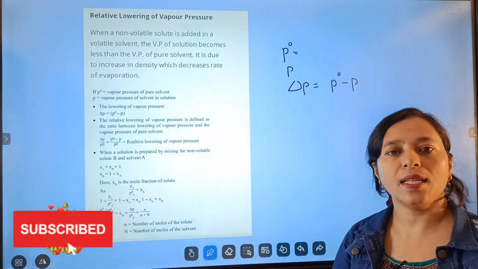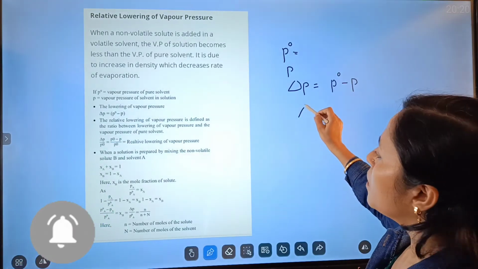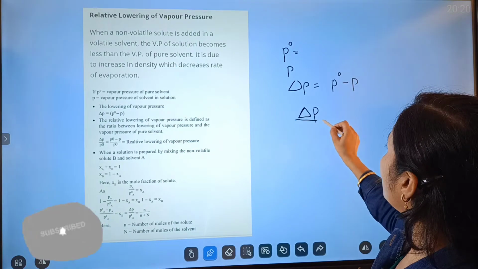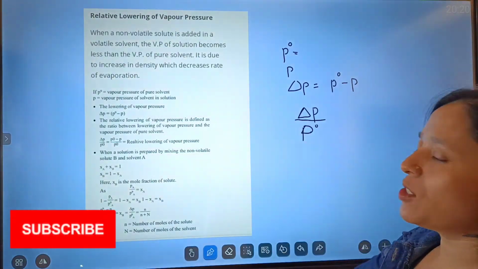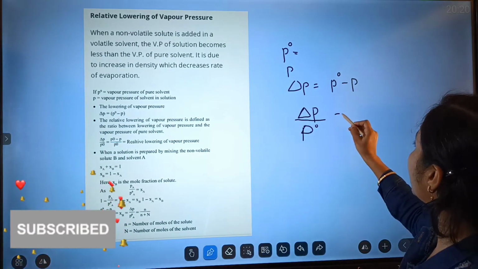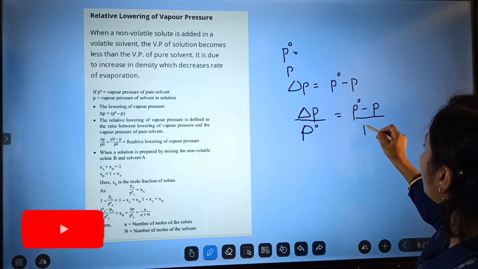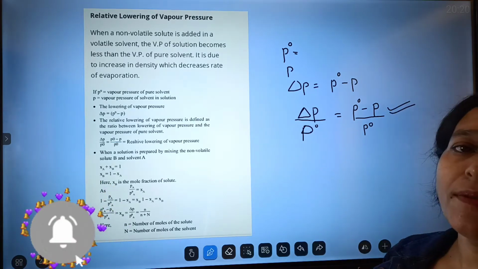So this is the lowering of vapor pressure. Now how will we calculate the relative lowering of vapor pressure? By just dividing it by the vapor pressure of the pure solvent. So we will get P naught minus P upon P naught. Actually this is our relative lowering of vapor pressure.